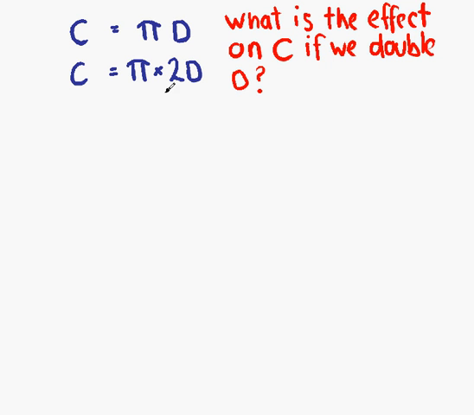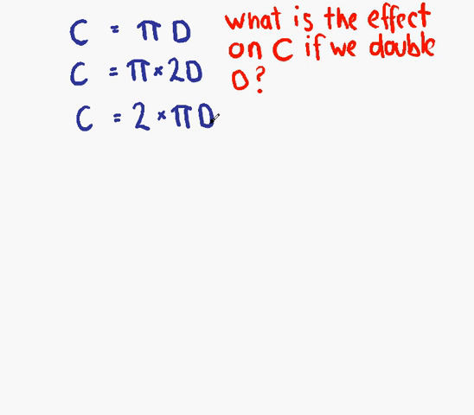So what we have now is C equals pi times 2D. What that means is pi times 2 times D. We know that it doesn't matter which order we multiply in, so that's just the same as C equals 2 times pi D.